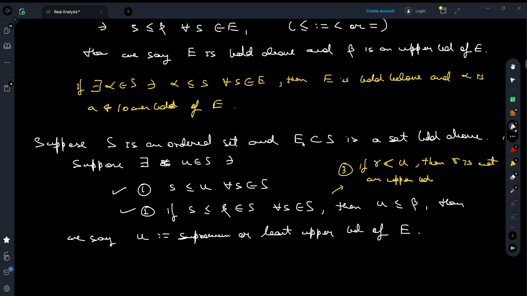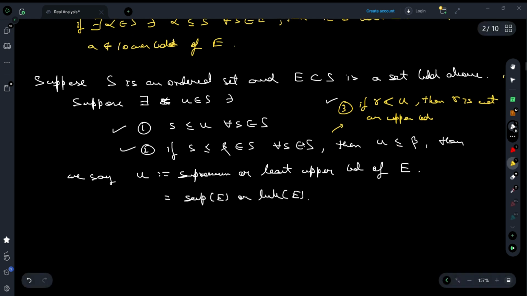So if these three properties are considered and are true, then this number u is said to be the supremum or the least upper bound of E. We use this notation that u is the supremum of E or LUB of E.